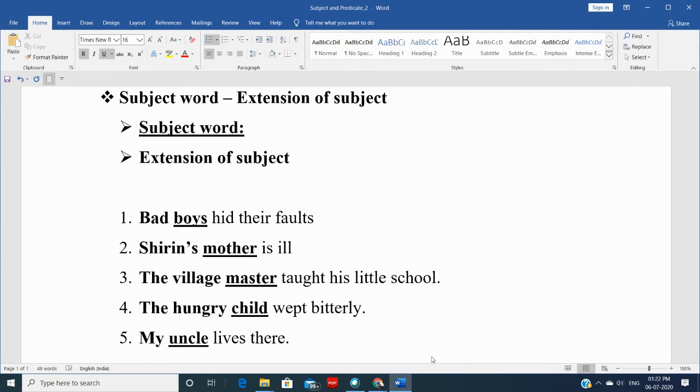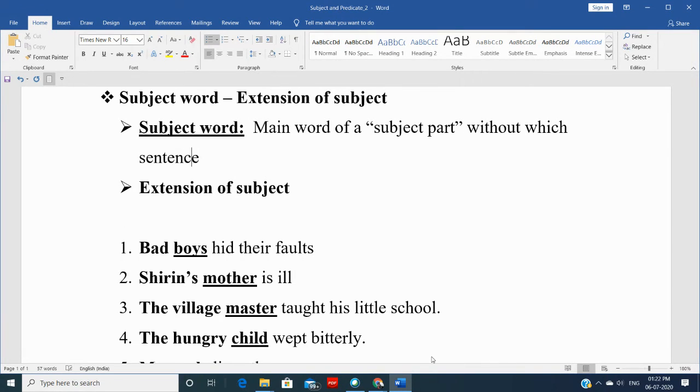Because that's the main word in a subject, right? Without it the sentence cannot be made. So it's a main word. I can easily say it like this: the main word of a subject part, without which the sentence cannot make sense. So this is a word without which the sentence cannot be made.